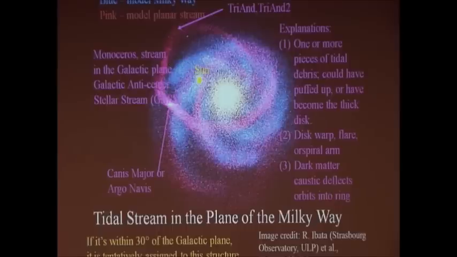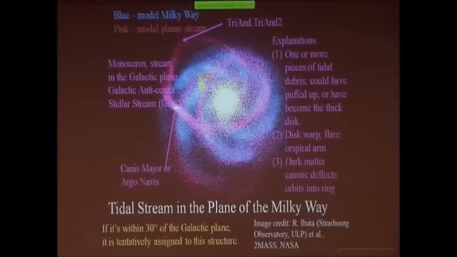More stuff towards Andromeda was found out here, called the Triandromeda stellar stream, which could have been attached to it, and lots of other pieces of debris in the plane of the Milky Way were also found. And pretty much at that time, anything that was found near the plane of the Milky Way was ascribed to have something to do with Monoceros, right?